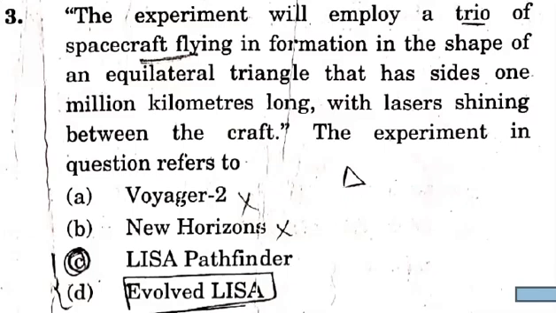This arrangement is called a formation. So the experiment will employ a trio of spacecraft flying in formation in the shape of an equilateral triangle, that has sides 1 million kilometer long with lasers shining between the craft.